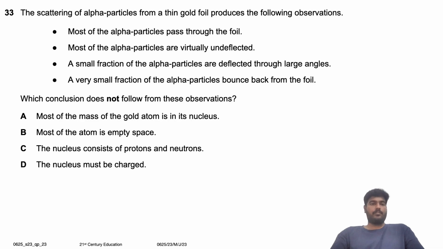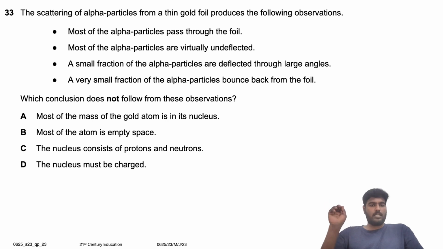The scattering of alpha particles from a thin gold foil produces the following observations. Most of the alpha particles pass through the foil, virtually undeflected. A small fraction of the alpha particles are deflected through large angles. A very small fraction of the alpha particles bounce back from the foil.